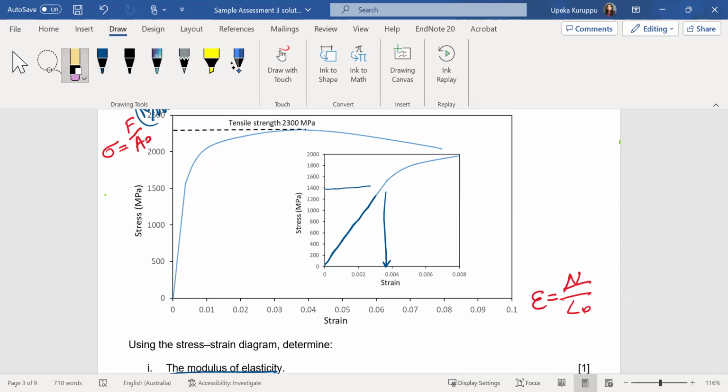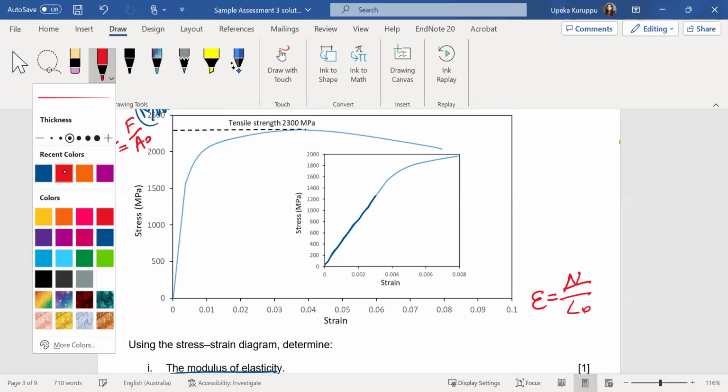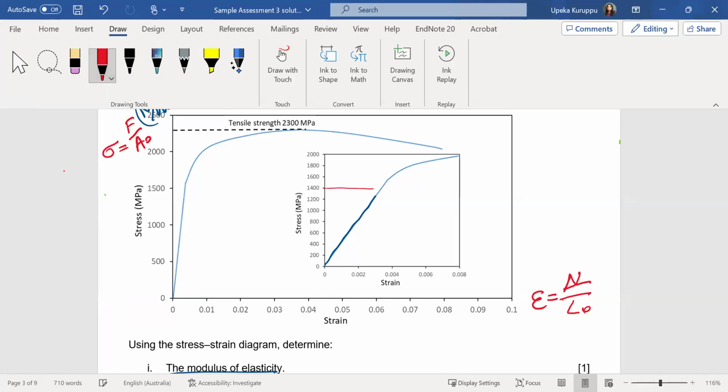You can consider any point along the straight line. Okay, so maybe we use E for Young's modulus. So 1,400 divided by what? 0.0035, agree?